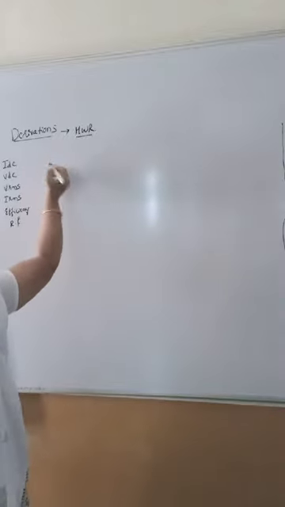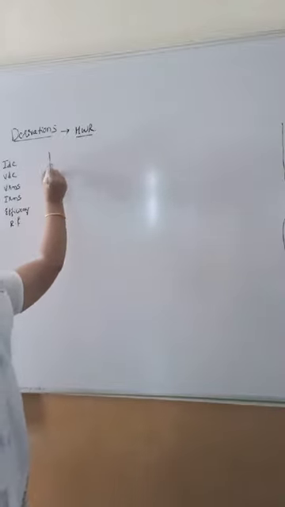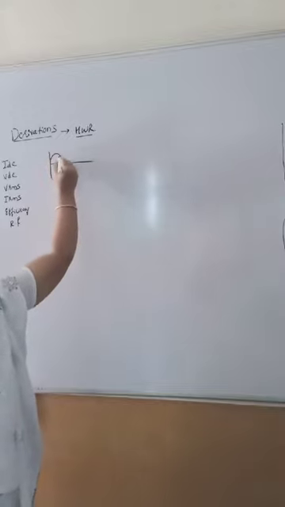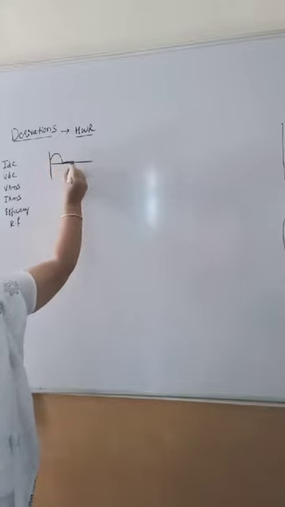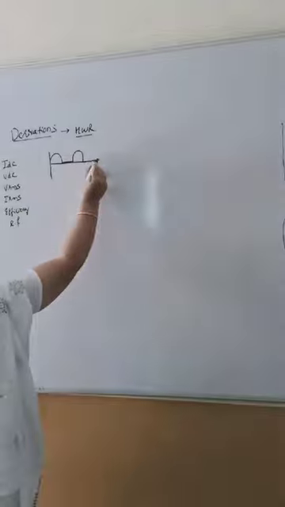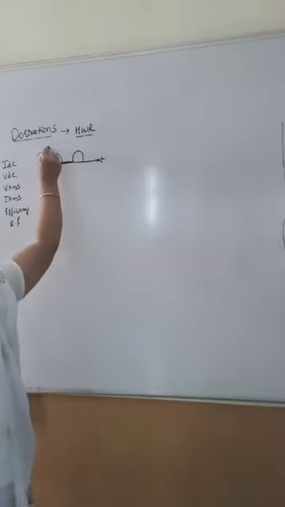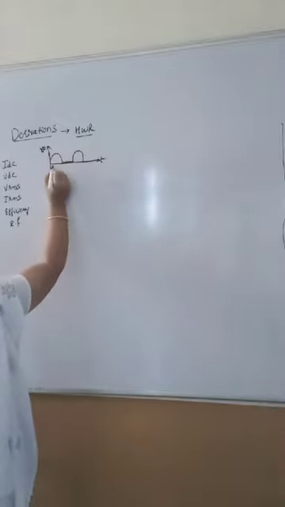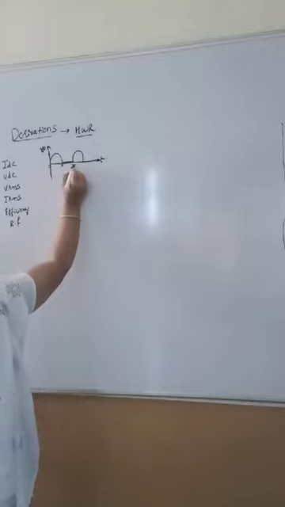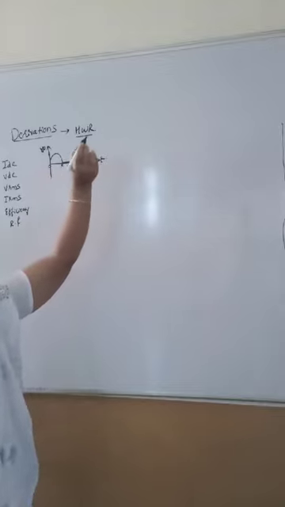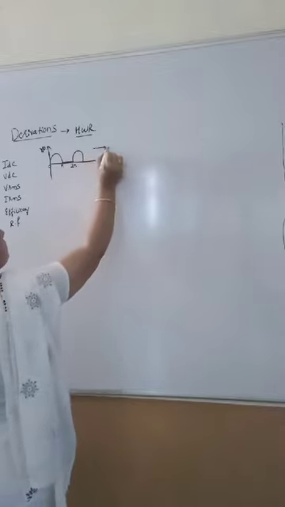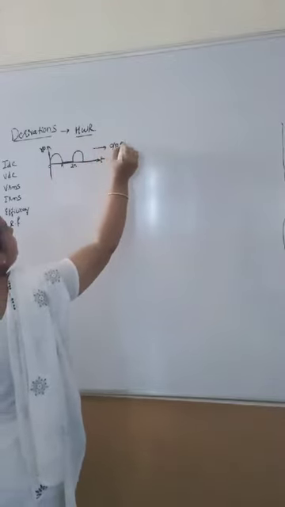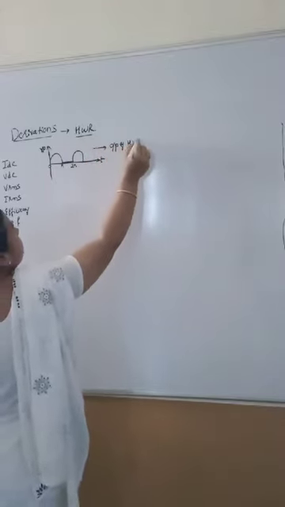We have seen the half wave rectifier and its output. We get only the positive half cycles, which we can mark as 0 to pi and pi to 2 pi, and it continues like this. This is the output of the half wave rectifier.